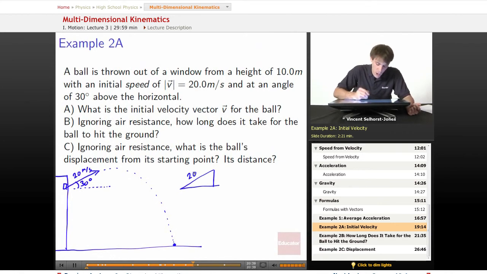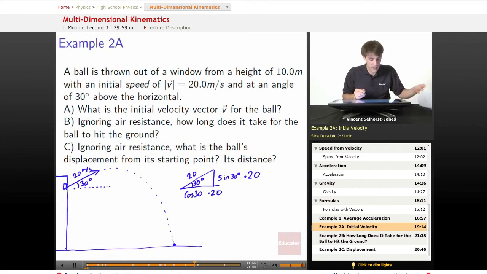something that's 20 long on this side, and we know it's 30 degrees here, we can figure out what the other sides have to be just through trig. So this side, since it's the side opposite, is going to be sine 30 times 20. This one will be cosine 30 times 20.